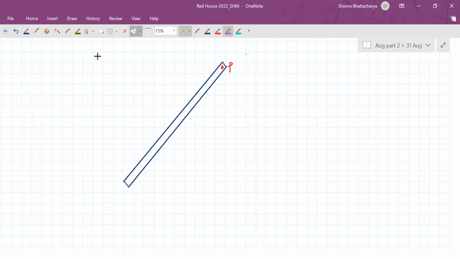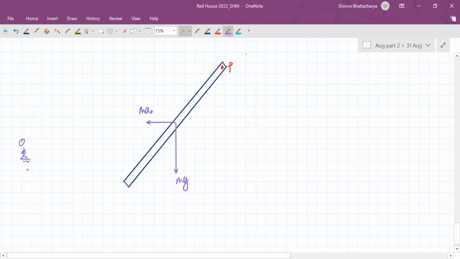Now remember, always in a uniformly distributed mass, just like gravitational force acts through the center of mass, the pseudo force also acts through the center of mass. So if this is the equilibrium position, net torque should be 0.